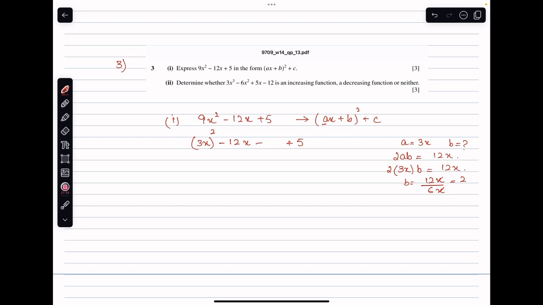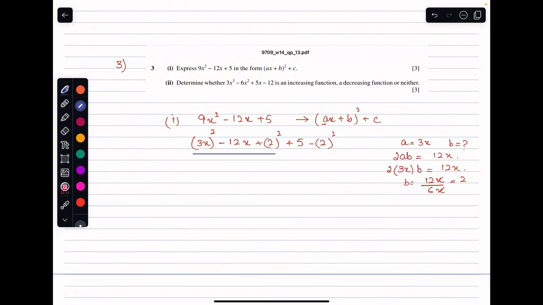So this means if I add 2 squared here, and obviously for the balance I need to go for negative 2 the whole square also. So here I can see that the first 3 terms that I have here, 3x squared minus 12x plus 2 squared, are following the pattern a squared minus 2ab plus b squared, meaning here I can write this as 3x minus 2 the whole square.